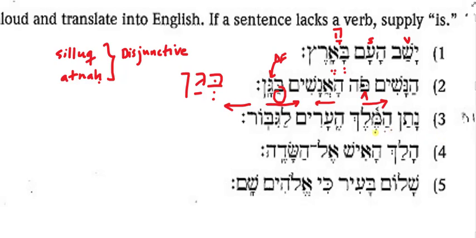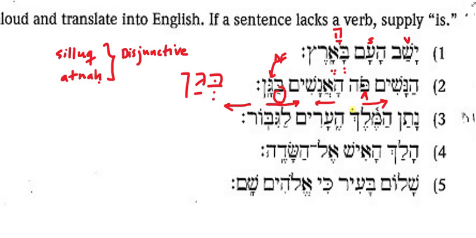So these are the two most common accent marks you're going to see, and they're disjunctive. And as we mentioned the other day, when you have these disjunctive accents, it will cause you to pause on that syllable a little bit longer than you normally would on any other syllable at any other place. And sometimes that can cause your vowel to lengthen.